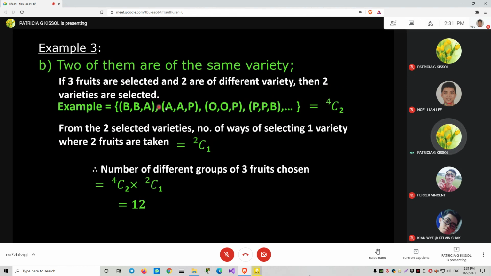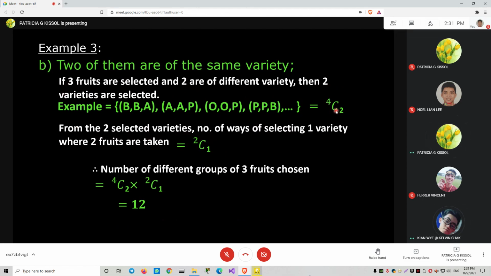If you list all this out, I've listed only 4, but you should get 12 in total. Do we have to write all this down, or do we just write down 4 choose 2, choose 1? Yeah, you can. You don't have to write all the text.